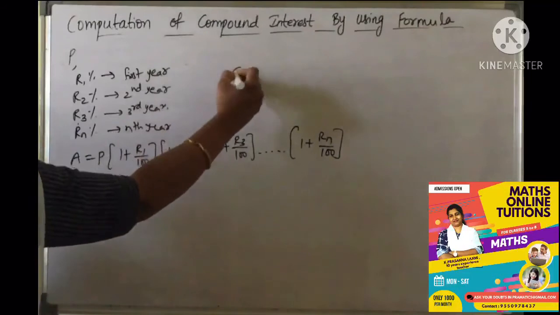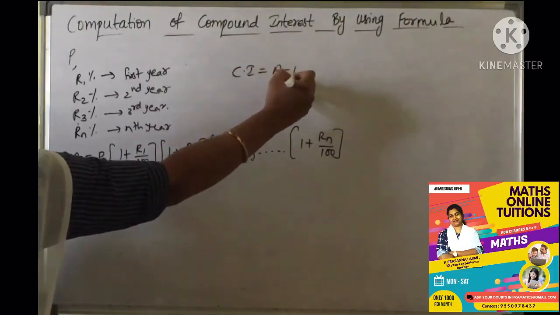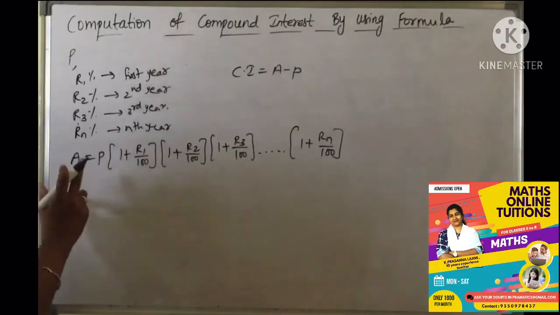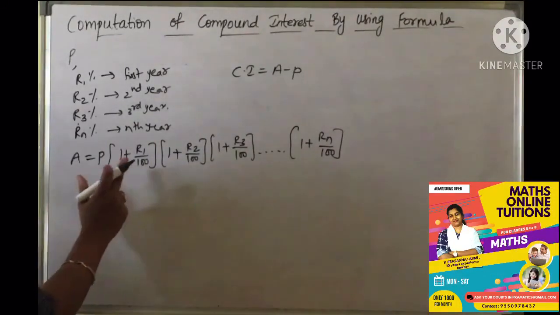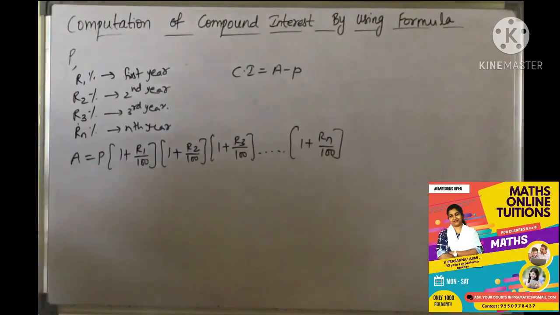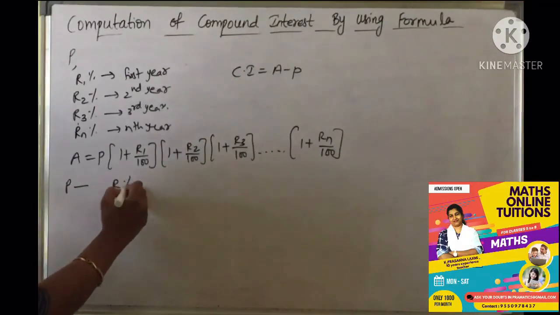And the compound interest is A minus P only. So the amount at the end of n years is nothing but P into (1 plus R1 by 100) into (1 plus R2 by 100) into (1 plus R3 by 100) and so on up to (1 plus Rn by 100). Suppose P is the principal at the rate of R percent per annum.